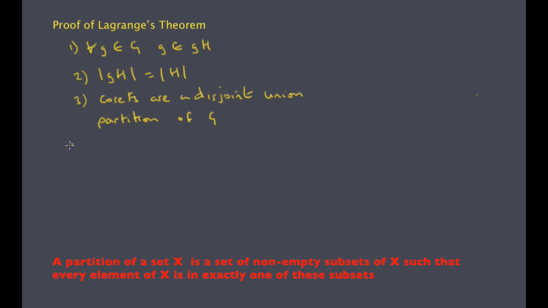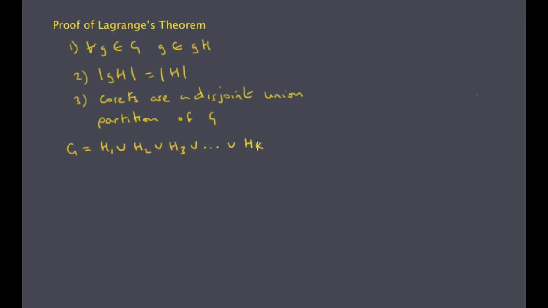This means that we can write G as the union of its cosets. So let's order the cosets here. This is because all the elements are in a coset and none of the cosets share elements, up to the kth coset. And now we can write that the order of G is equal to the order of the cosets added up, the sum of the order of every coset.